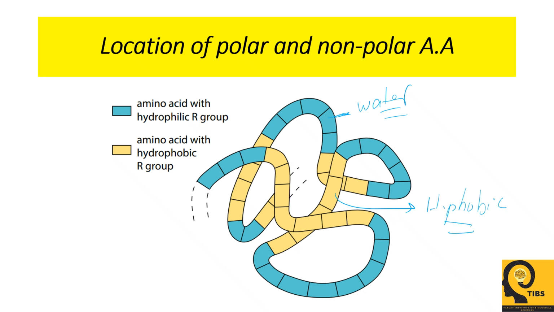This is one of the contributing factors for achieving the globular shape, along with other types of bonds such as disulfide bonds, ionic bonds and hydrogen bonds. Simply put, hydrophobic amino acids are buried inside and hydrophilic ones are towards the aqueous solution or water.